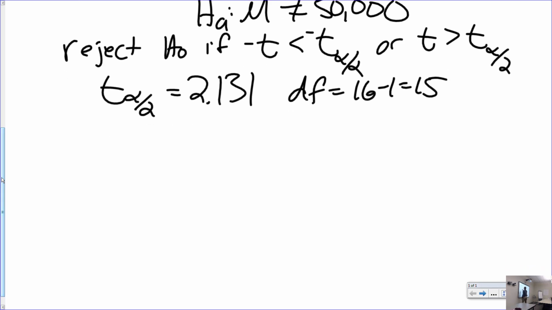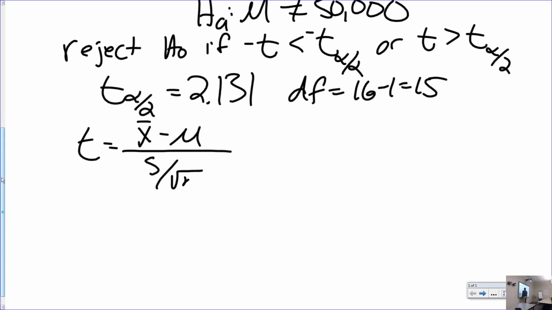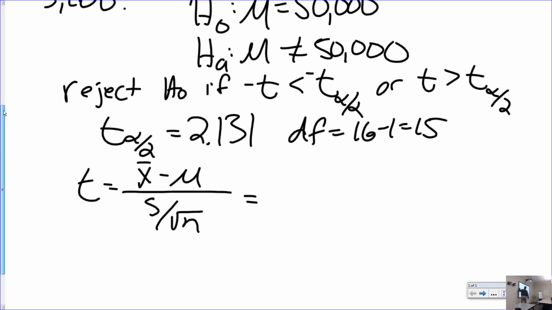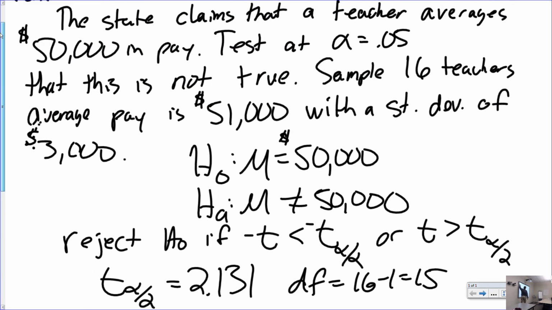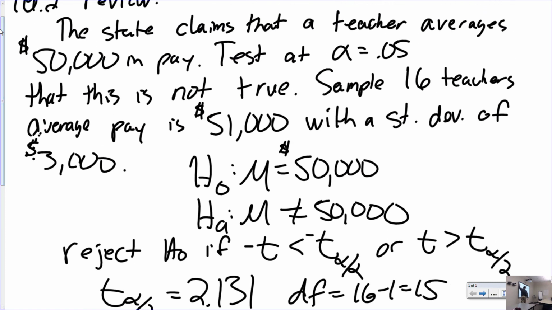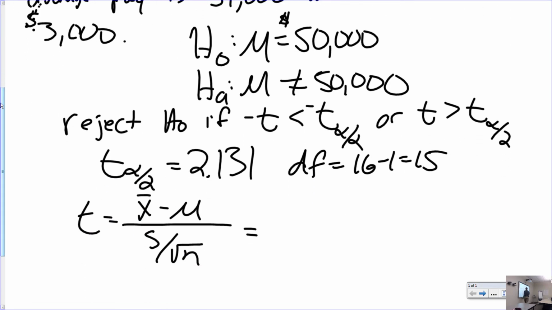Now, to calculate our t statistic, remember that we're going to take x bar minus mu, all over s over the square root of n. What's x bar? What was my sample average? That's the 51,000.